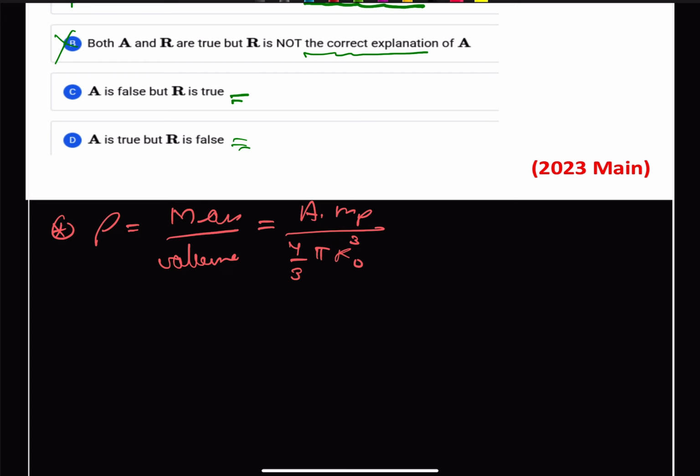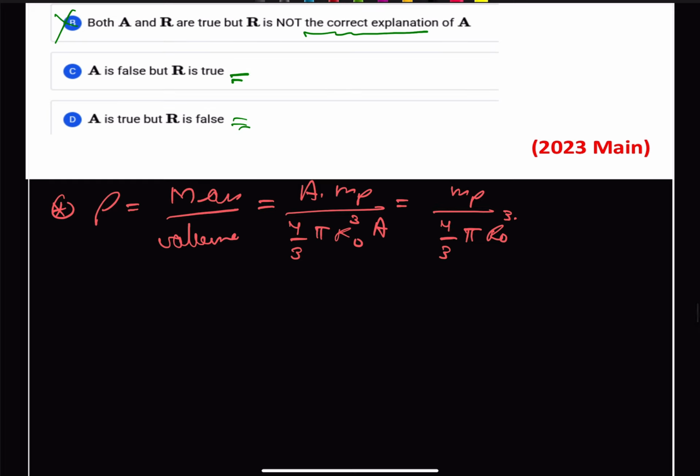R naught is our standard radius, multiplied by A, and this gives us Mp over 4/3 pi r naught cubed.